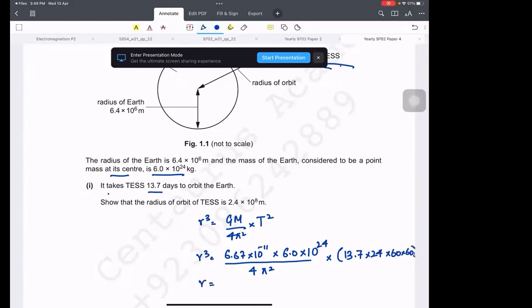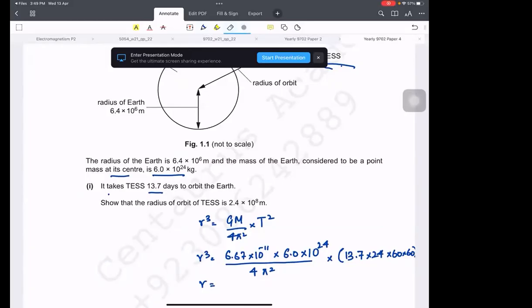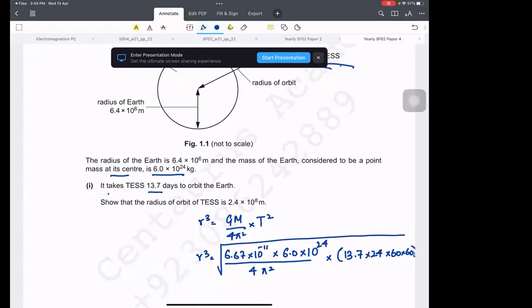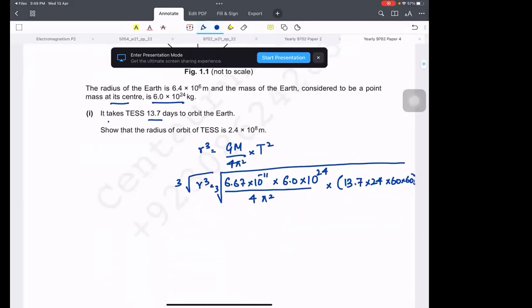Then you have to take the cube root as well. Yes, any question? Anybody did it? I think it should be the same, right? So 2.4 times 10 raised to 8.